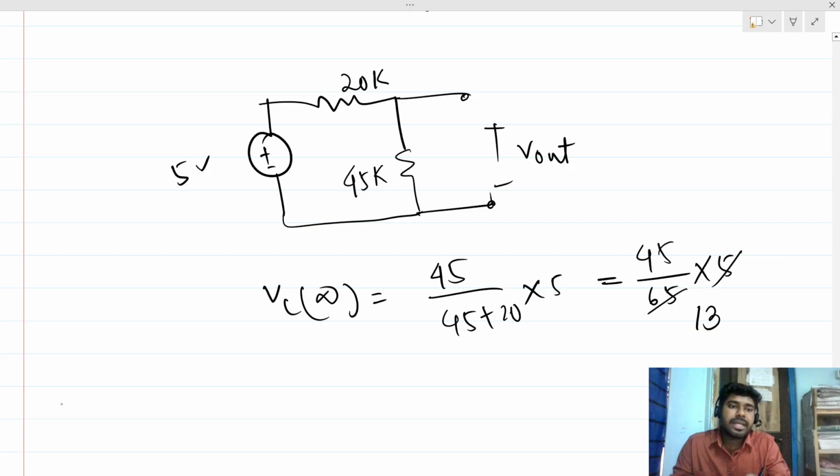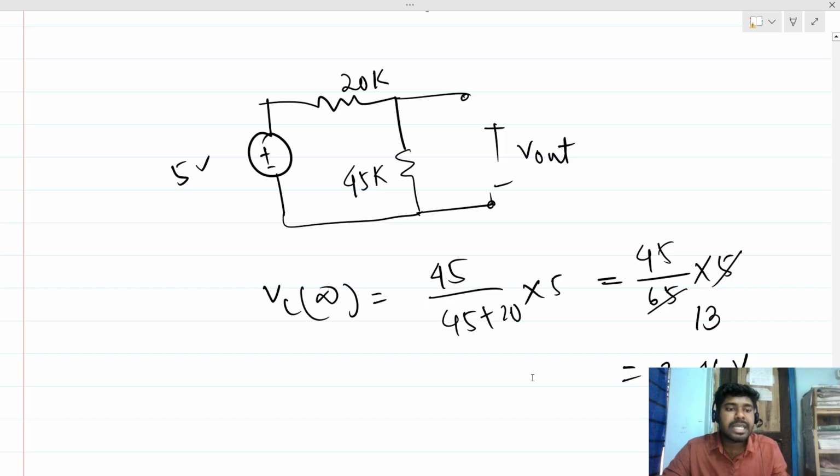So 45 by 13. Let me check. 45 by 13 is 3.46. So 3.46 volt at t equals infinity.